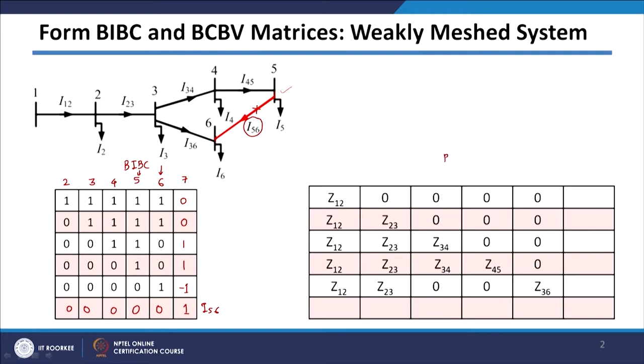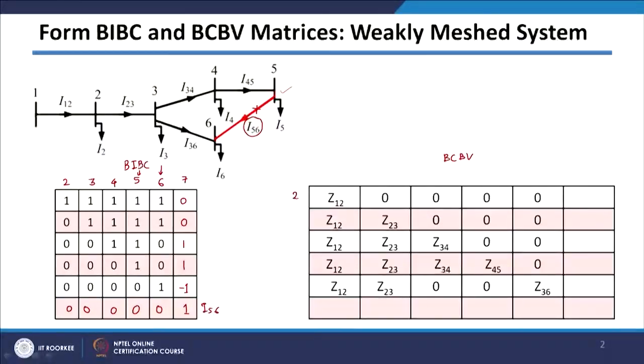Similarly, we have seen the BCBV matrix also. As I told you, initially we have to get the BCBV matrix for the radial system. Here again this row corresponds to 2, this is 3, 4, 5 and 6. In this case also, to get the 7th row, we need to subtract row number 6 from row number 5.